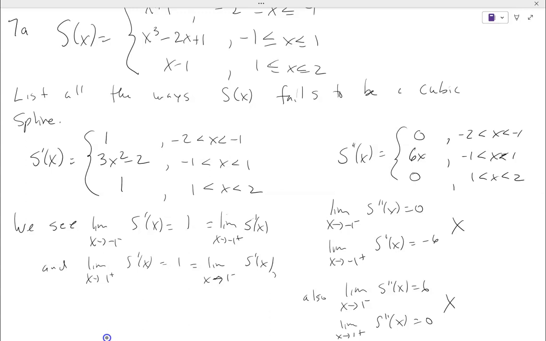But to make it even smoother would mean that you would not just match first and second derivatives, but maybe you would match third derivatives, fourth derivatives, so on down the line. It just depends on how smooth you want to make things. We're not going to do it any smoother than that.